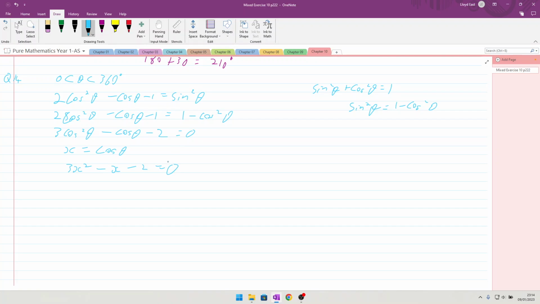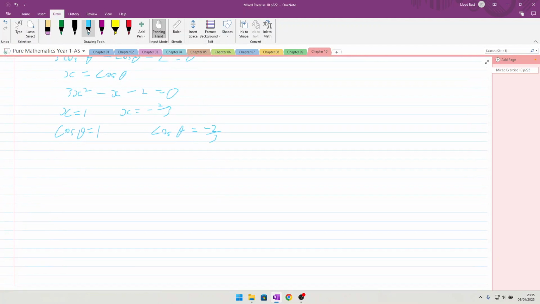And when we put that into a polynomial solver, okay, we very quickly get 3, minus 1 and minus 2, a solution of x equals 1 and x equals minus 2/3. So we're now looking for where cos theta equals 1 and also cos theta equals minus 2/3.